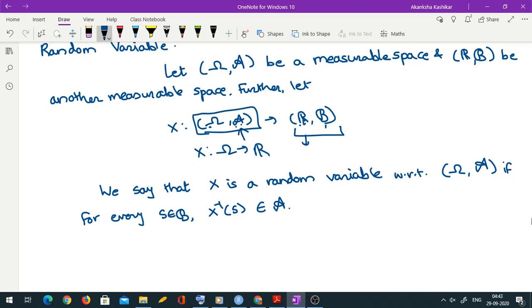Inverse image is of course going to be a subset of omega, no doubt about that, because that is how the inverse image definition works. But now we don't want it to be any subset of omega, we want it to be that subset of omega which gets entry into this sigma field. Is it okay? Then only we will say that X is a random variable with respect to this.